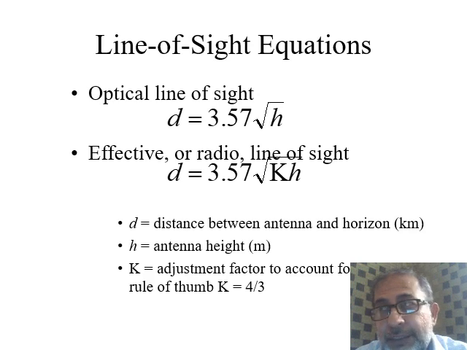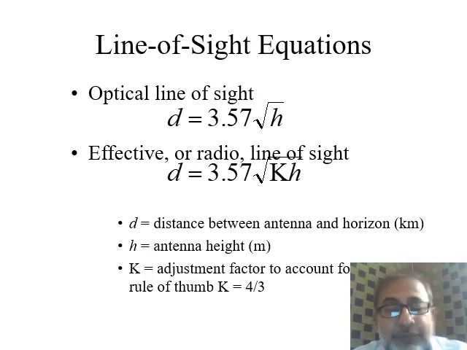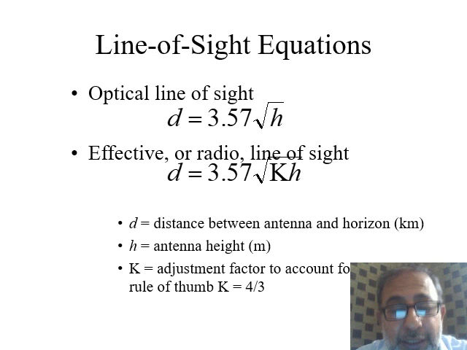In that case, the distance d, which is given in kilometers, is dependent only upon the square root of the height of the antenna. We multiply it with a number 3.57. In this way, we get a distance in kilometers, while the height is given in meters.